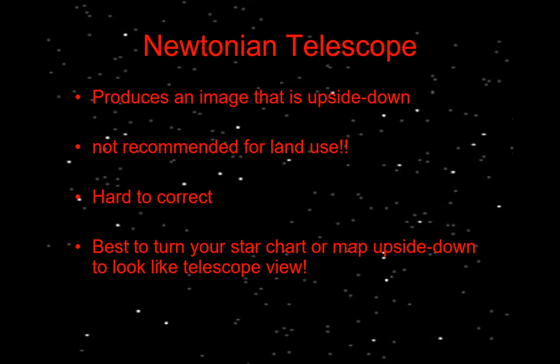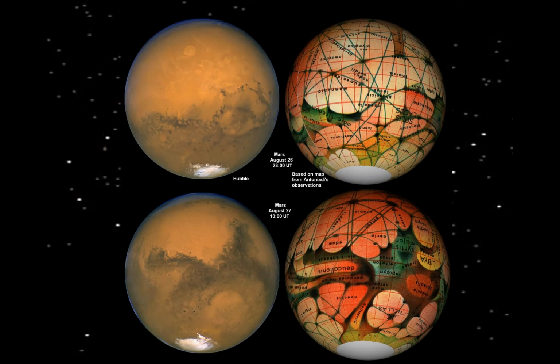So quite often what astronomers would do if they were using this type of telescope, which was actually very effective, is just turn their star chart or their map upside down to actually show what they were seeing through the telescope. So here we have Hubble images of Mars, how Mars actually looks, and here is the equivalent earlier map from Antoniadi's observations of Mars, an astronomer who made very good observations of Mars.